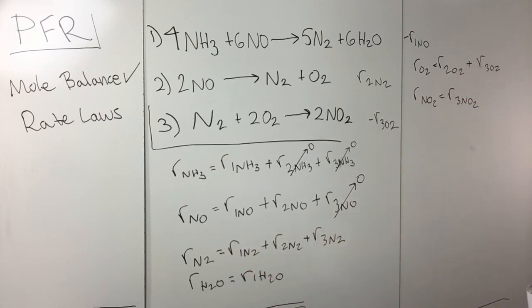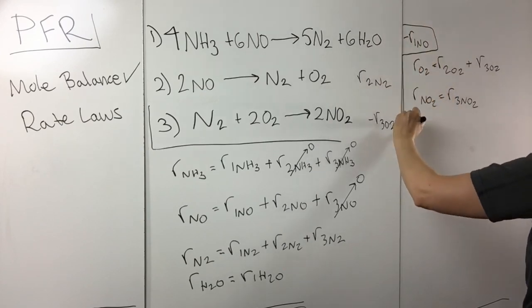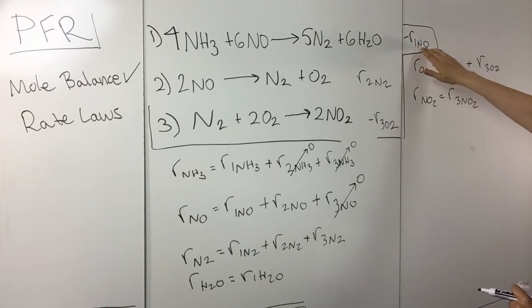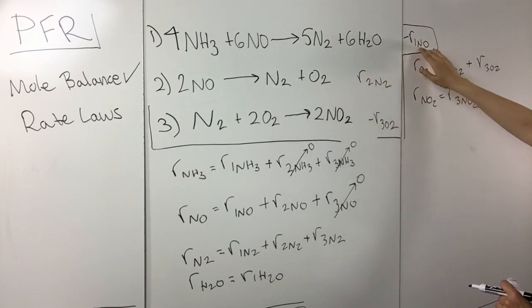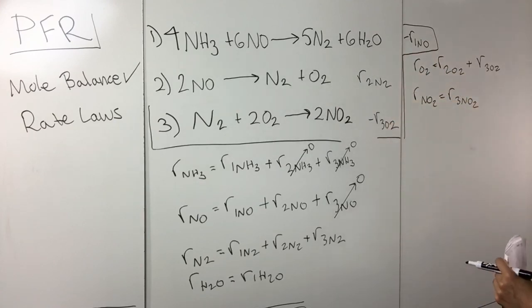We should have everything we need because it's already given us a rate for one of the reactants for each reaction, and that's all you need is one.